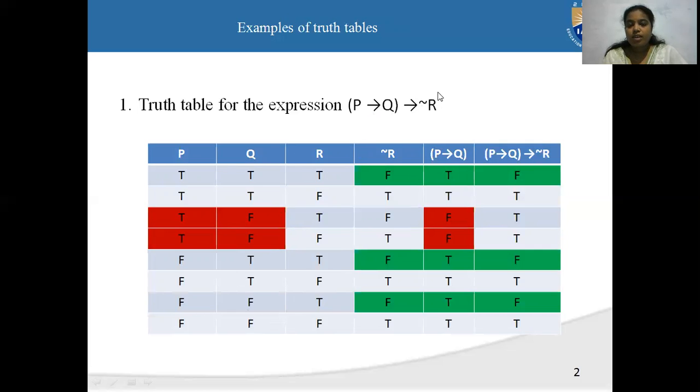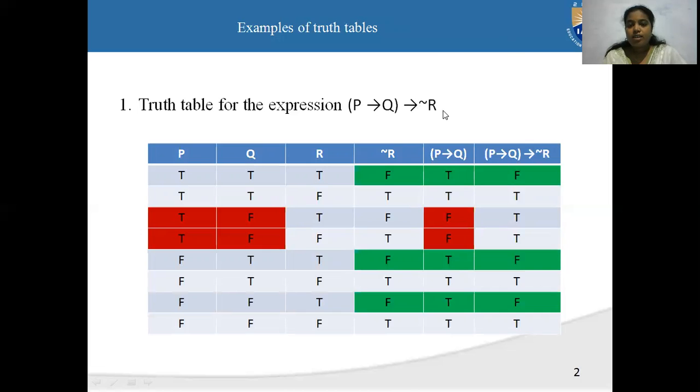Next, our target is how we can evaluate this entire expression using the truth table. You have to first identify the terms of the entire compound statement, which terms you have to take for the columns. Here you have to identify whether there are any negations of the propositions.